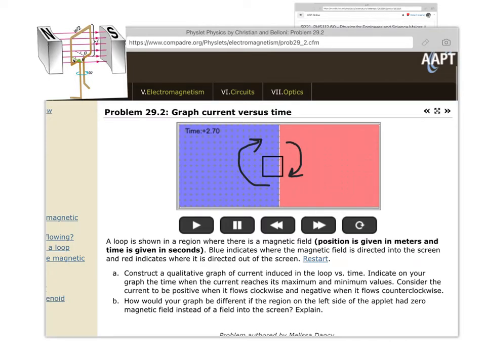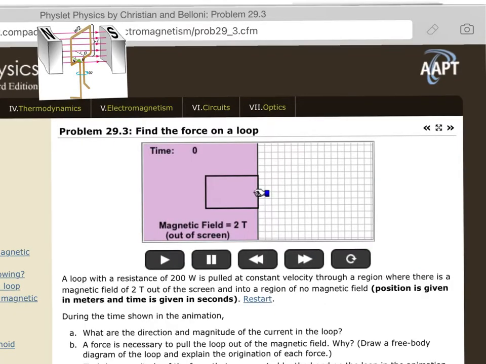In both cases, you want the current to circulate clockwise, which leads the EMF to be clockwise, which leads to a current which is clockwise, which leads to a field into the screen, which supports the loss of blue and opposes the gain of red. I hope that all makes sense. Lenz's law. Okay, here we are, number 3.